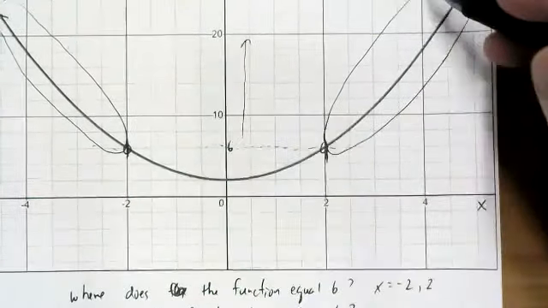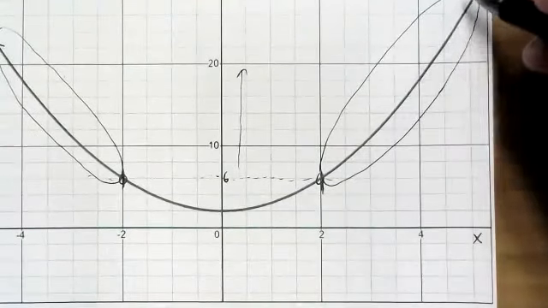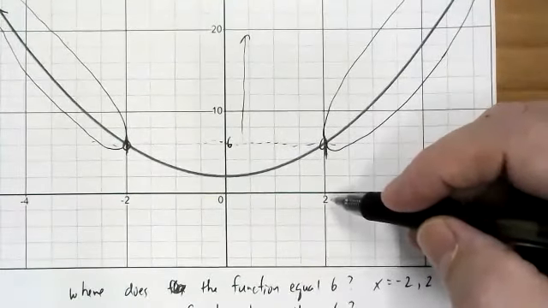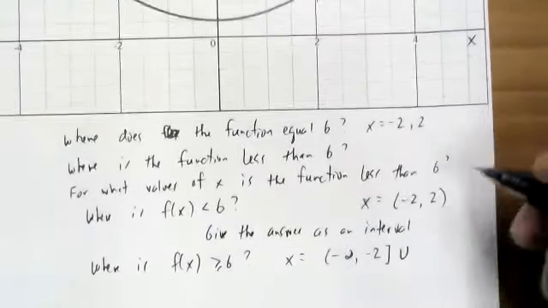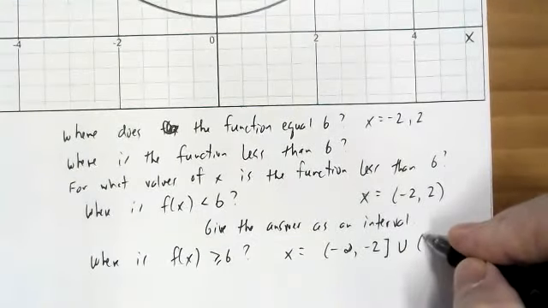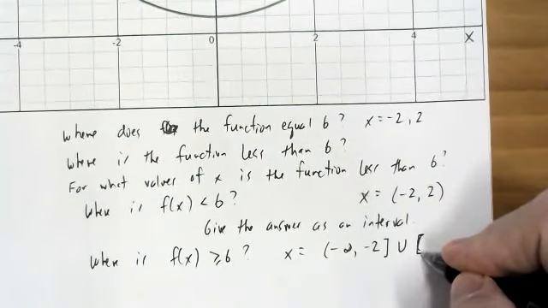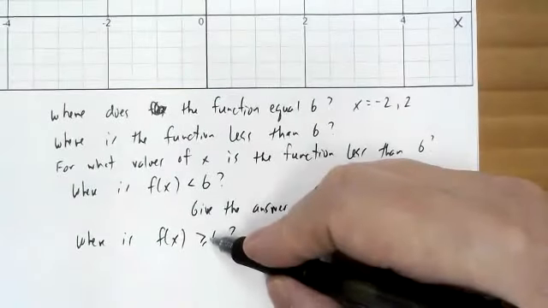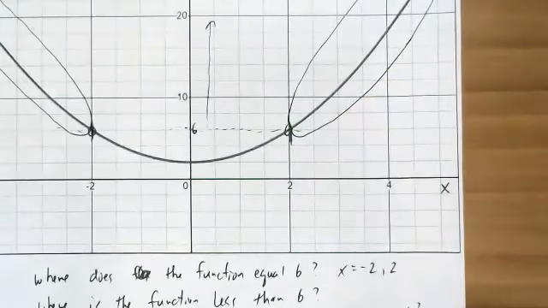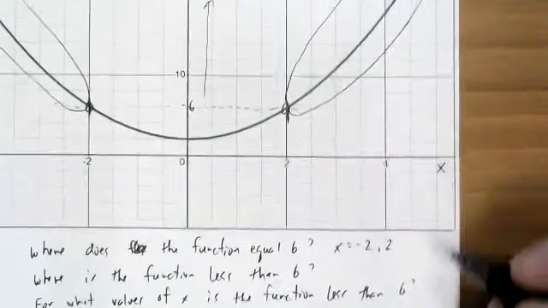If I want to write the values of x for this part of the graph, the smallest value in this interval, x starts at 2. Whoops, but it includes this point because it's greater than or equal to. So I put a bracket and it starts at 2.